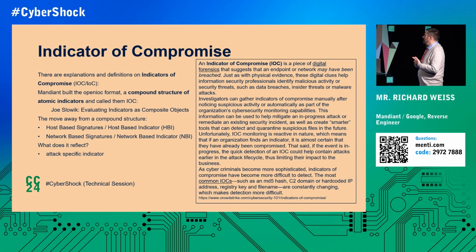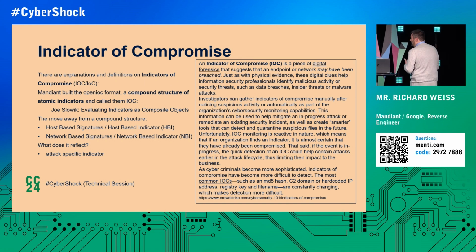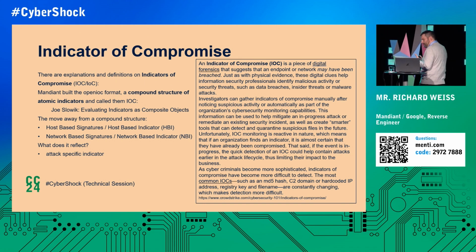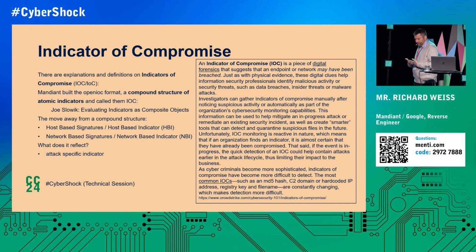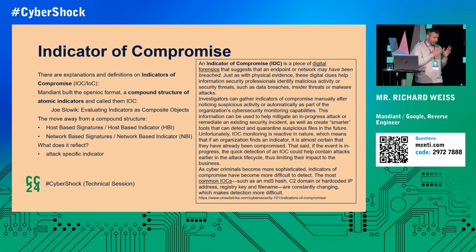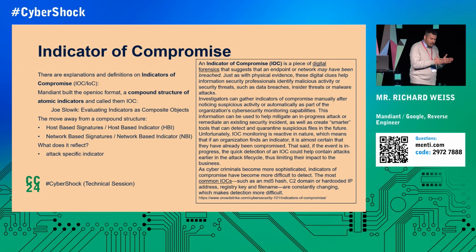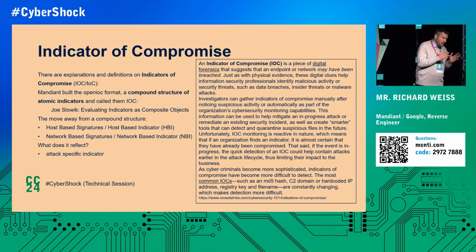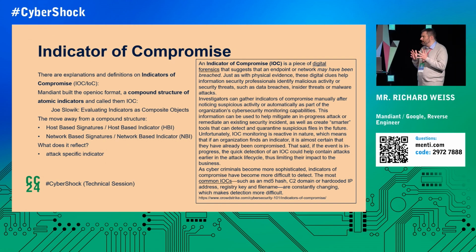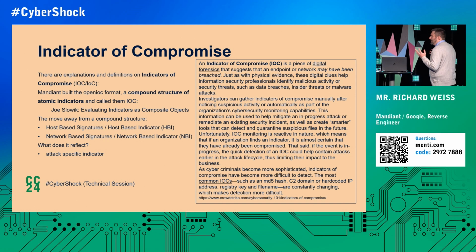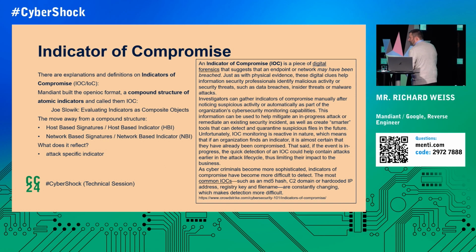An indicator of compromise is a piece of digital forensics that is gathered there. So it is from the past. It says this one system was attacked by one specific attacker in one specific campaign, for example.